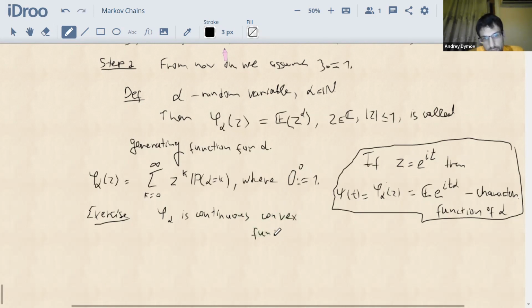So in particular, let me note that it is well defined, and moreover it is bounded just by 1, because it is less than or equal to the expectation of the absolute value of z to the power alpha, and this is less than or equal to 1 because the absolute value of z is less than or equal to 1. Okay.